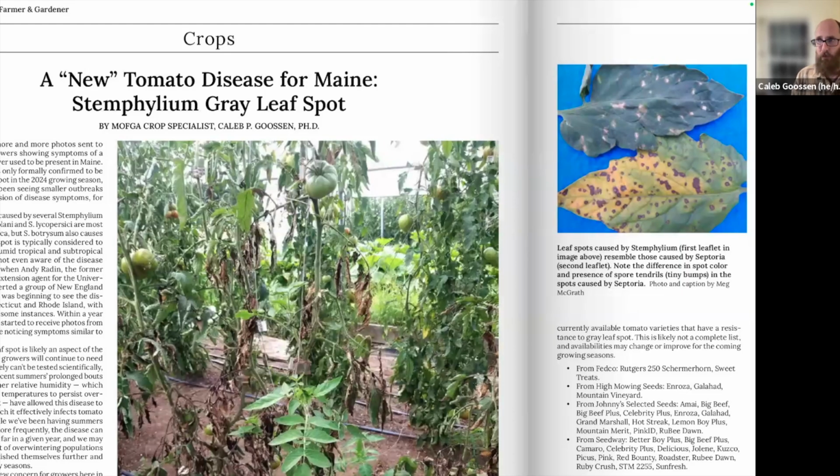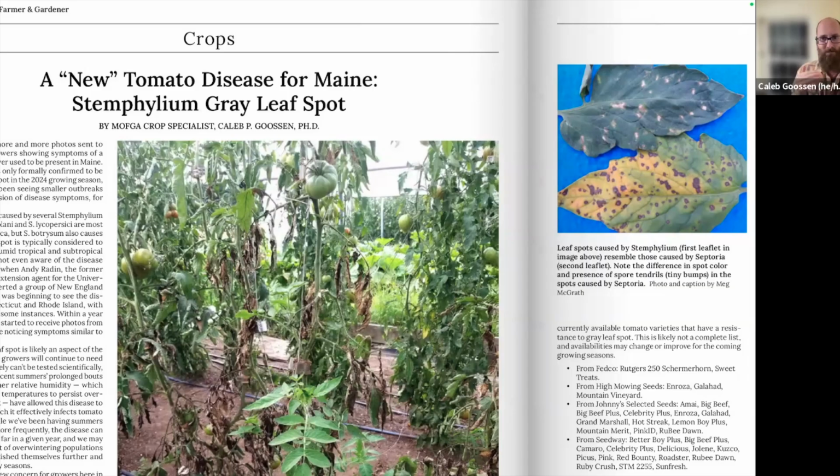There is a new tomato disease, quote unquote new, that has hit Maine. It's similar conditions to leaf mold. It looks a lot like the other diseases we just talked about, right? Most folks probably don't need to worry about it, but I did do a write-up, and this came out just in January. It's working its way up the coast, probably with climate change.